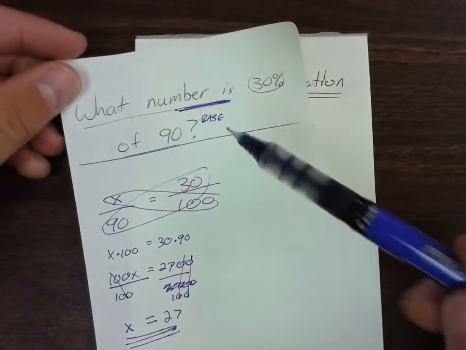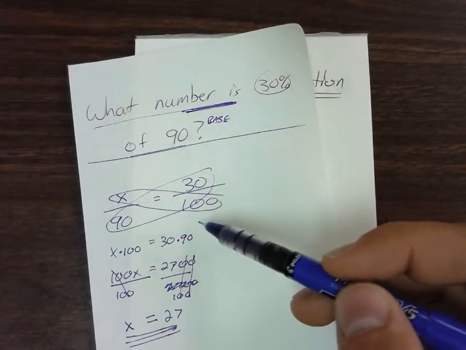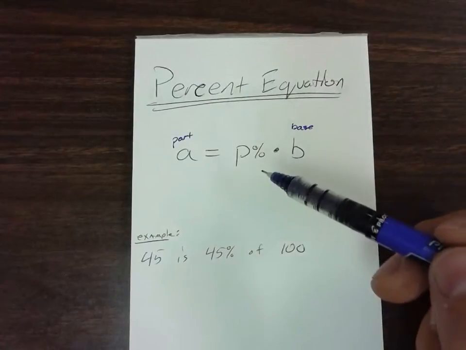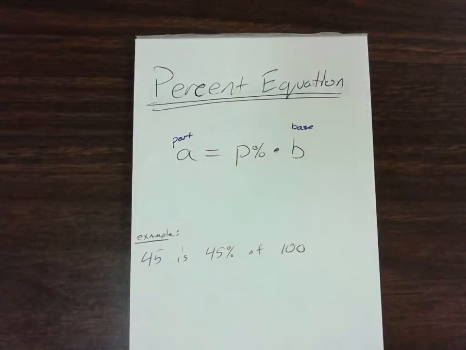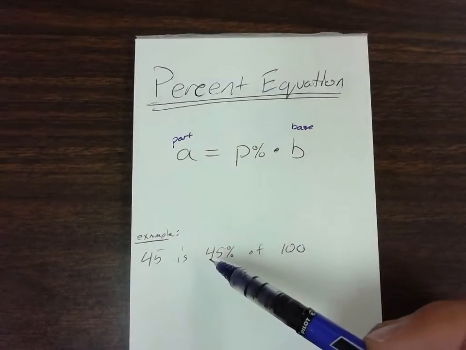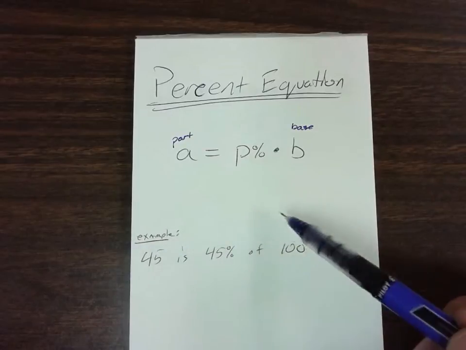So in the percent equation, you have to do this part by yourself. We're going to have to divide by 100 before we plug it in. So for example, 45 is 45% of 100. That makes sense. 45% means it would be 45 over 100.